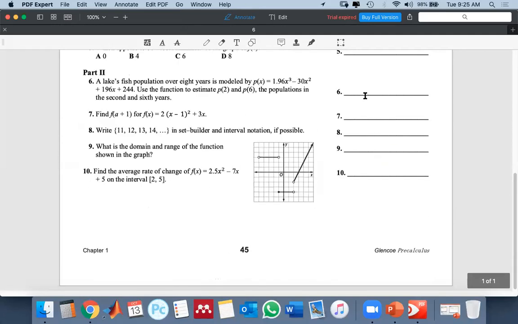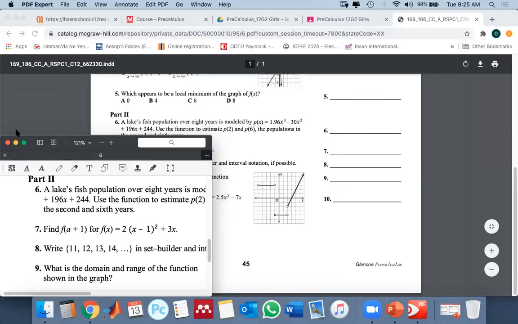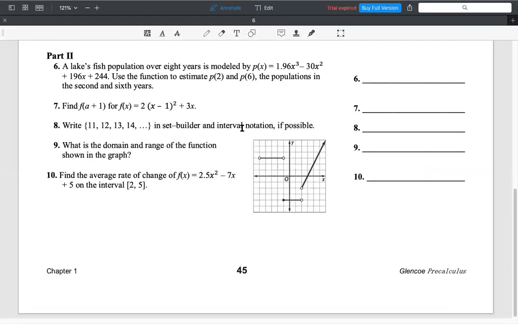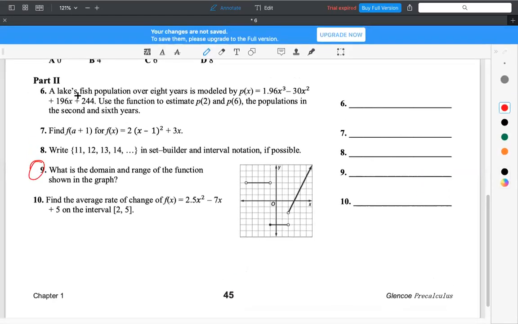Okay, let's have a look. Now, we are talking about question number 9. Now be careful. What is the domain and range?